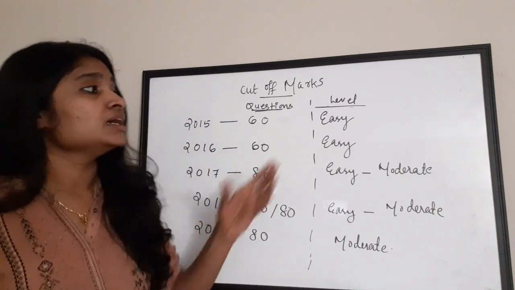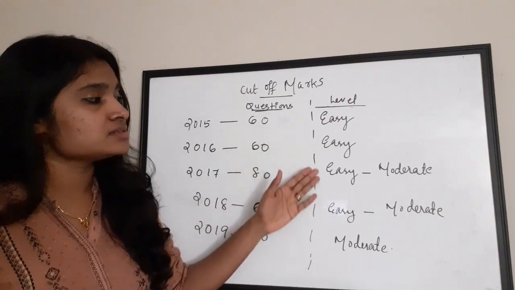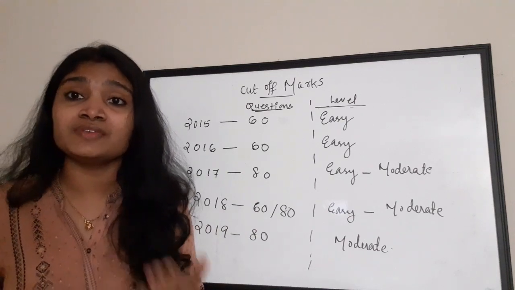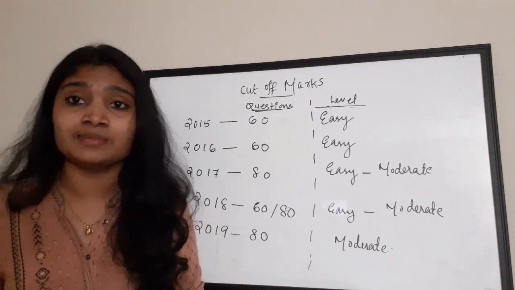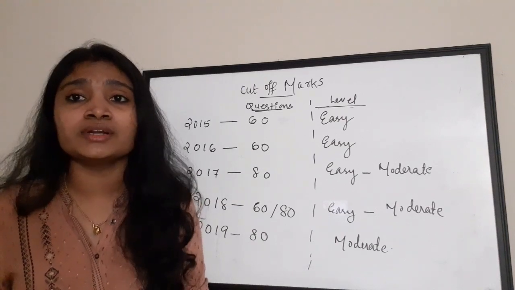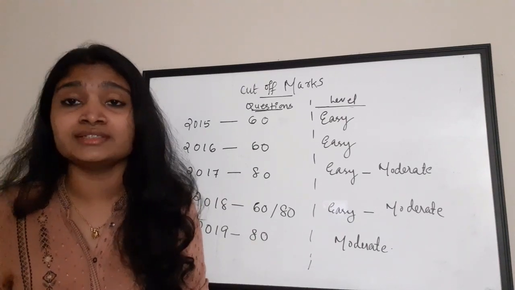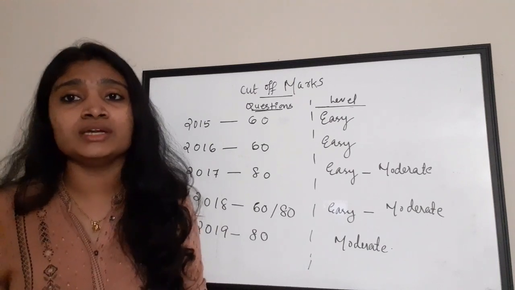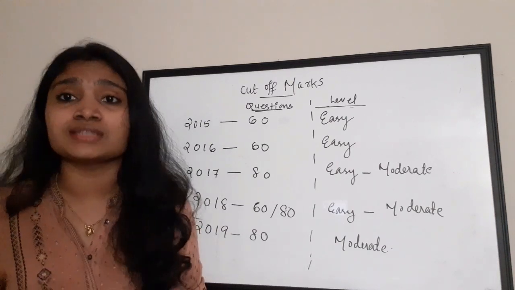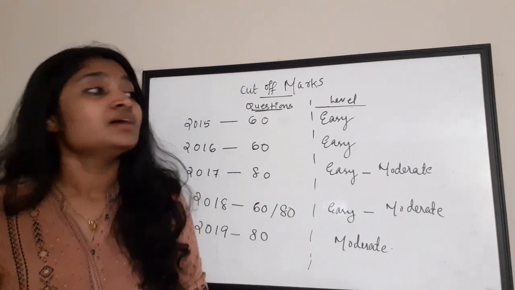If you see the earlier years, the questions were easy and easy to moderate, and the 2019 examination was a moderate one. The questions are getting a little bit tougher, but don't worry about the difficulty level, because there will be only simple or basic questions as compared to the scientist or other posts.